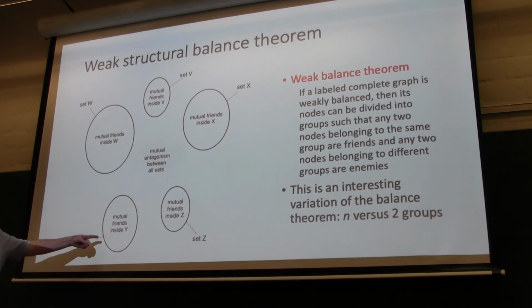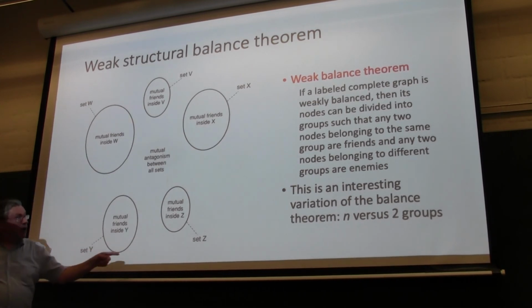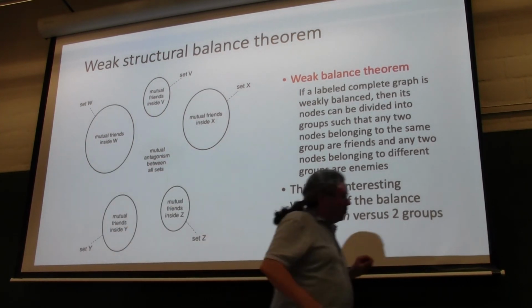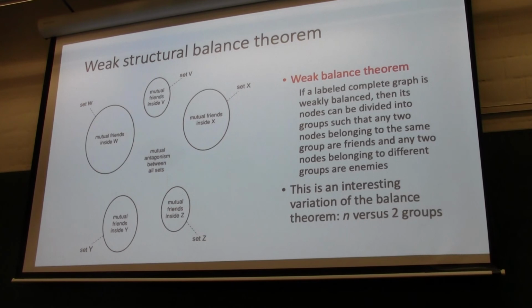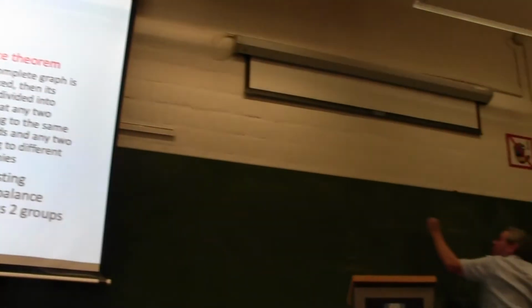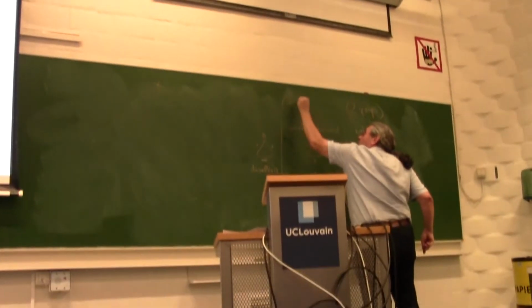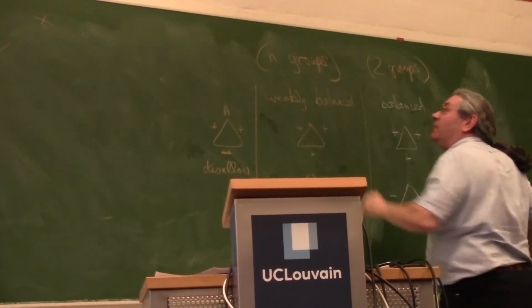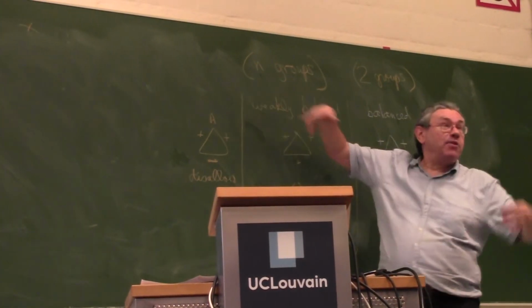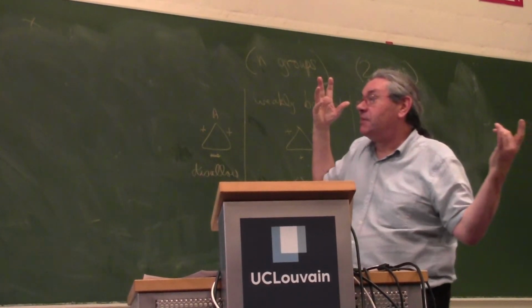So this is a very interesting variation of the regular balance theorem. Remember, with the balance theorem, we showed that there are actually two groups. Whereas if you have weakly balanced, you can show that you can have more than two. You have n, and it could be any value of n. It depends on the graph.